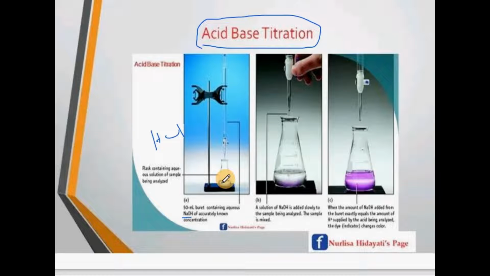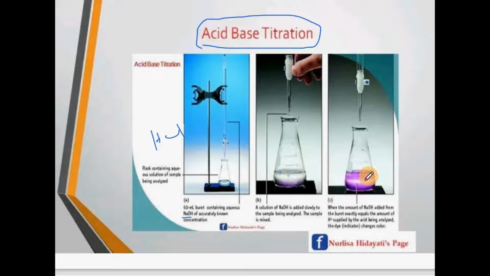Now, if you have a solution of sodium hydroxide, you add it slowly to the sample being analyzed. Here we assume the sample is HCl, which is put in this flask. So you add the sodium hydroxide slowly into the flask. As you keep adding, the color of the phenolphthalein, which is initially colorless, will start changing.